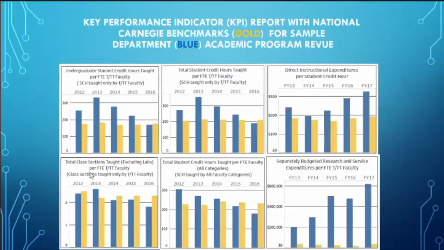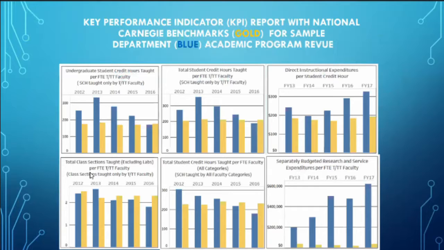And you'll see that this particular department is teaching at or above the level for undergraduates. And there's been a downward trend, which is important to consider if you're assessing program evaluation.